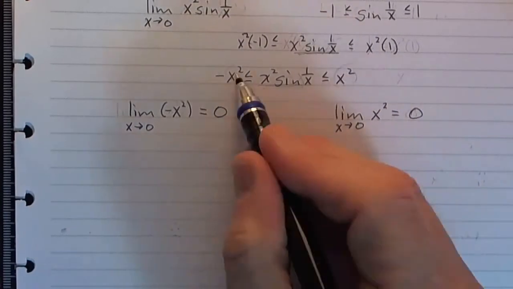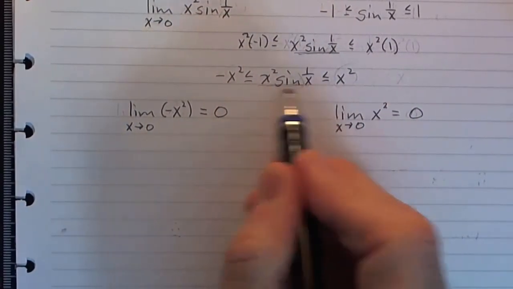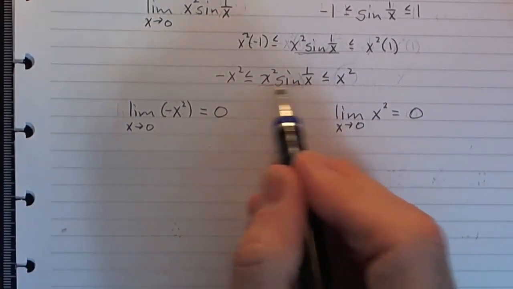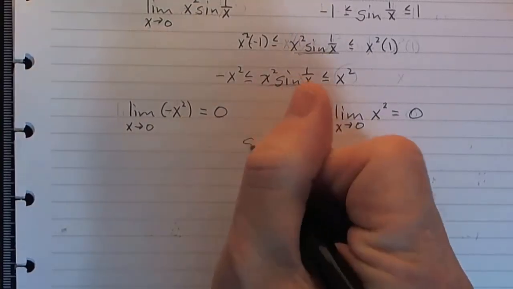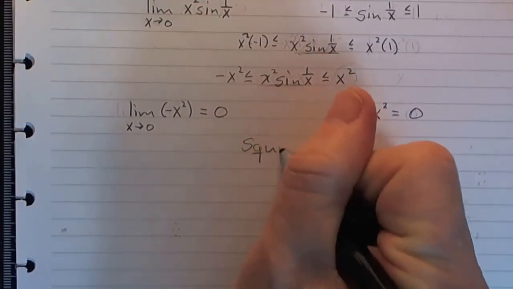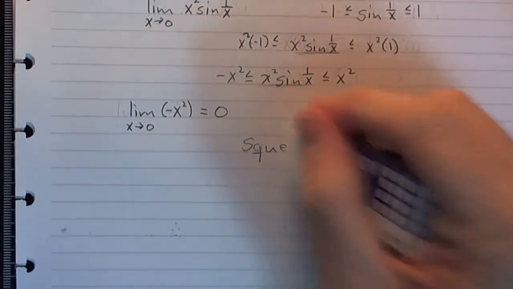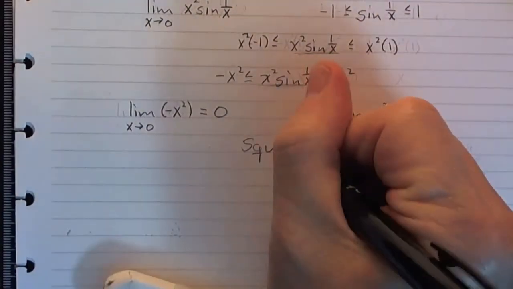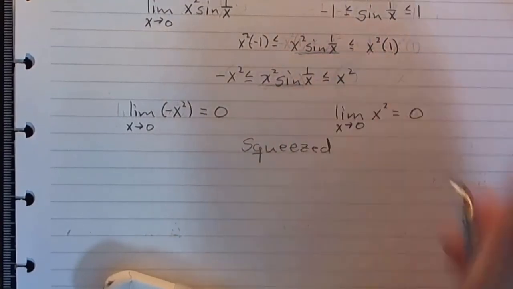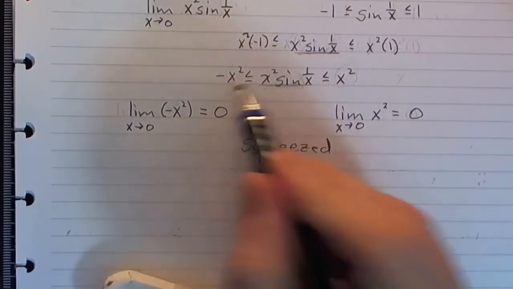If both of these limits are 0 and this thing is boxed in between, it looks like this thing would be squeezed. Squeeze with me.